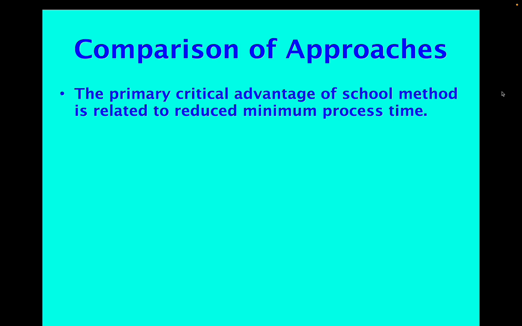Okay, there are two primary advantages with using the traditional or school method. The first primary advantage is related to the reduction of the minimum processing time that it takes to solve a question. This allows you to do certain multiplications, especially medium sized and smaller multiplications, faster than if you tried to use cross multiplication.